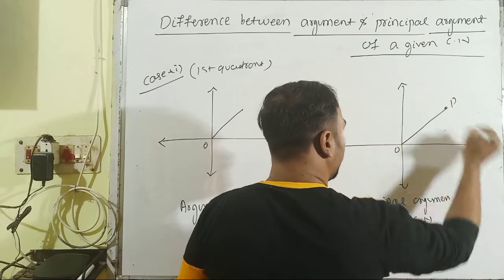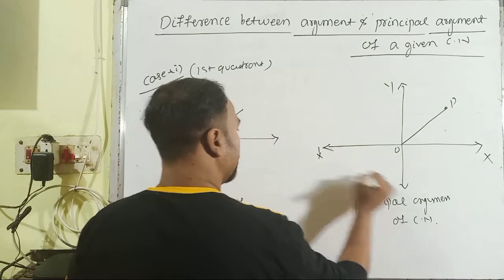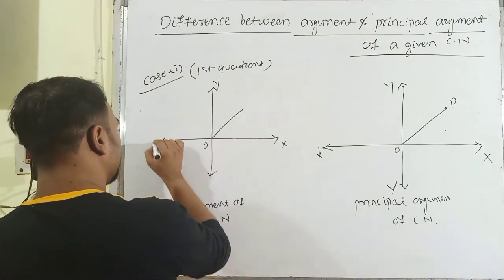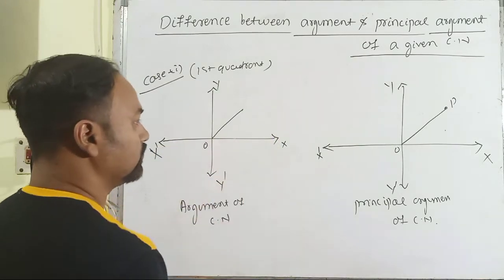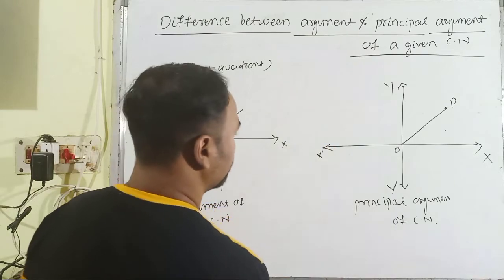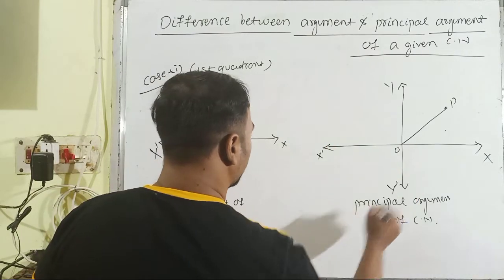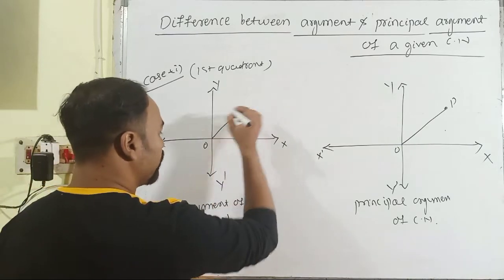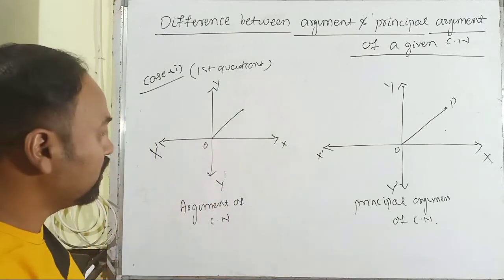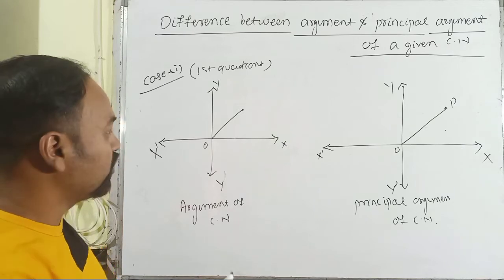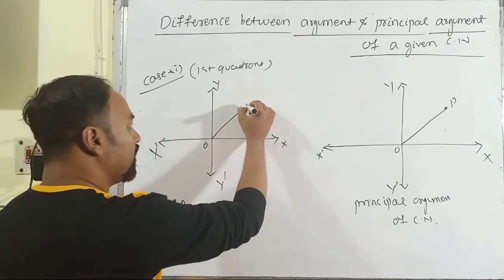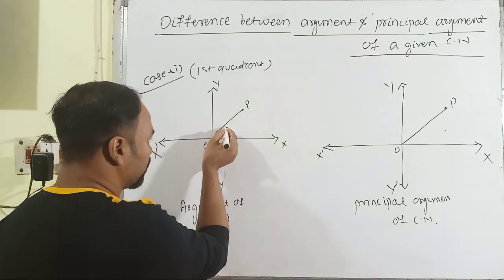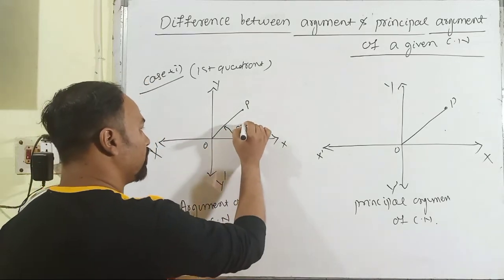There is a point P, with the xy axes. Let us see what is the difference between the argument and principal argument. Argument means the angle of rotation, or measure of rotation, of OP from the positive direction of the x-axis. Here it is the rotation. So this is the argument of z.